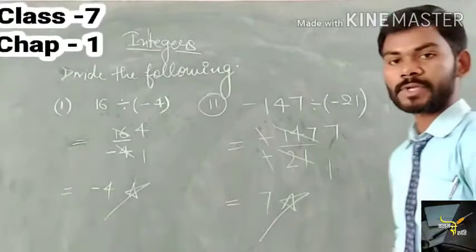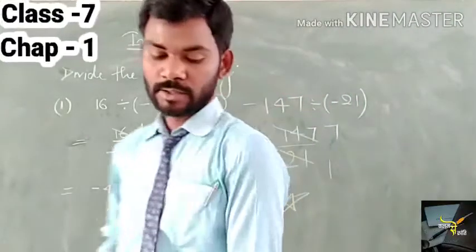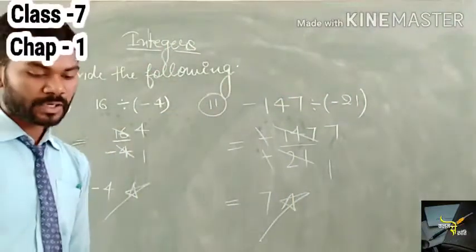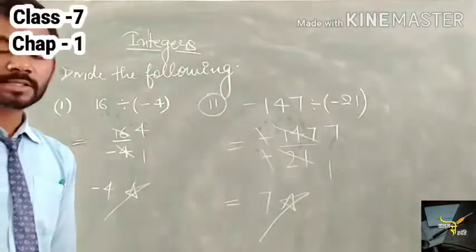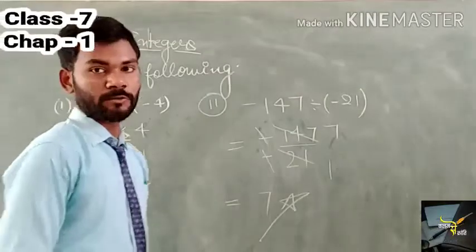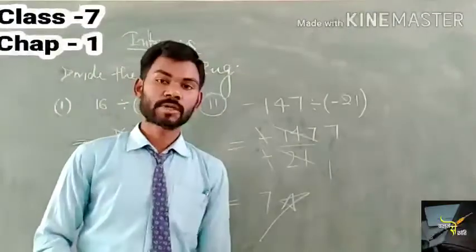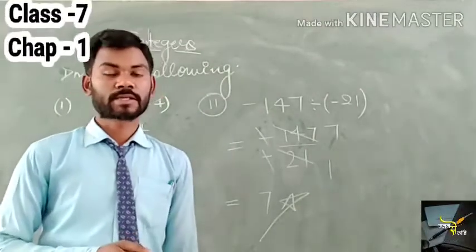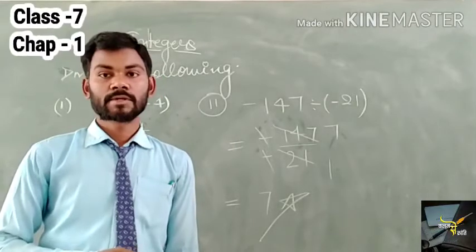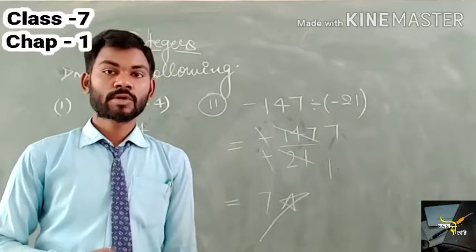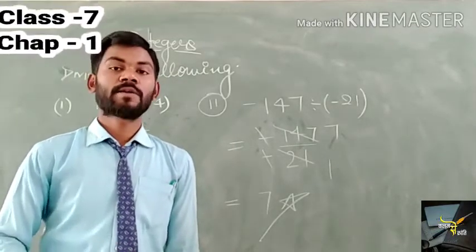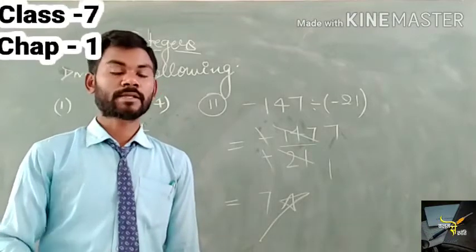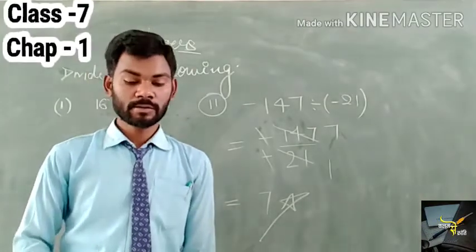Therefore, 7 is the right answer. So in this way we can solve all the questions of division of integers. Okay students, I hope division of integers is clear. The questions of this exercise I will give you at the end of the video.